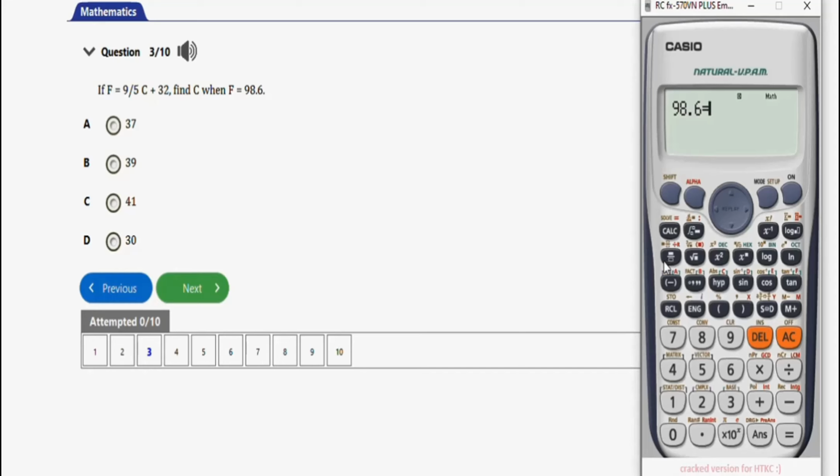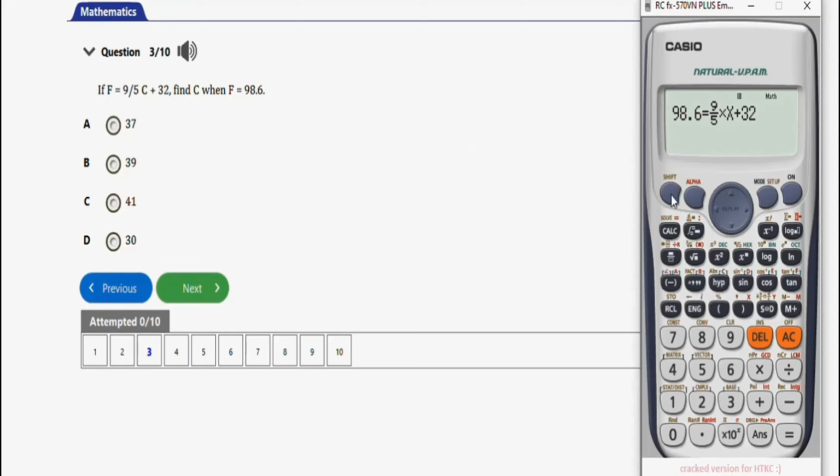We are looking for the value of c, so equals, in fraction, 9/5 times, let's call c x, alpha x, because x is what the calculator recognizes, then plus 32. So this is what you're going to do to solve this problem on the calculator. So we're good to go. Let's solve this now.